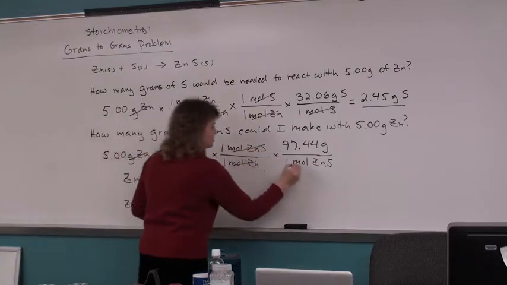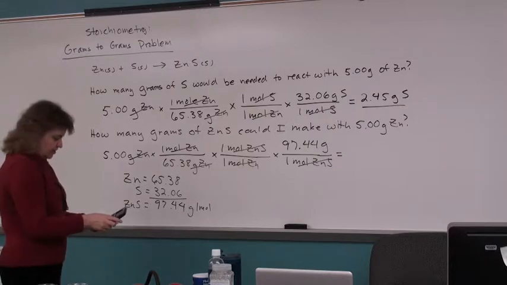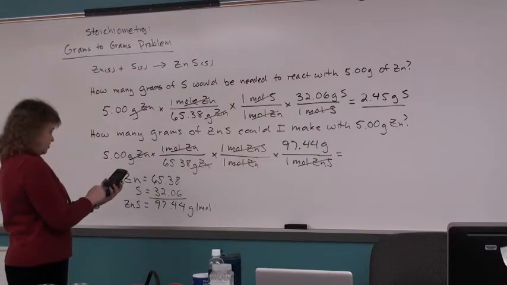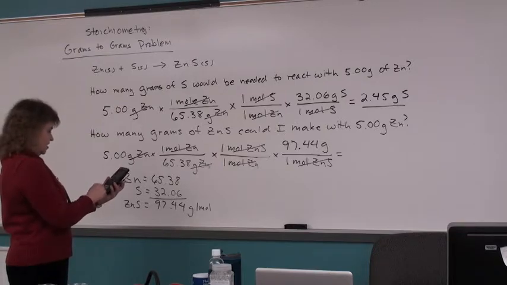So now the moles of zinc sulfide cancel out, and once again, I get out my calculator, and I'm going to do 5 divided by 65.38, and then times 97.44.